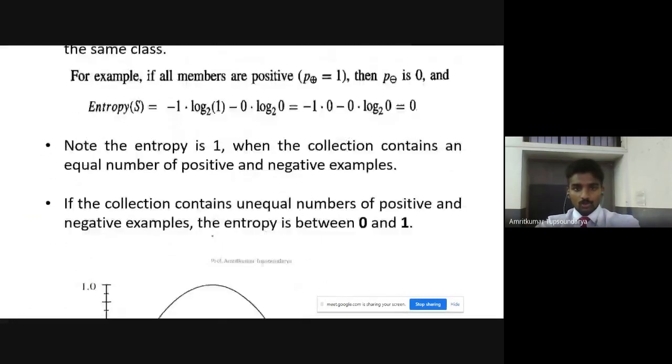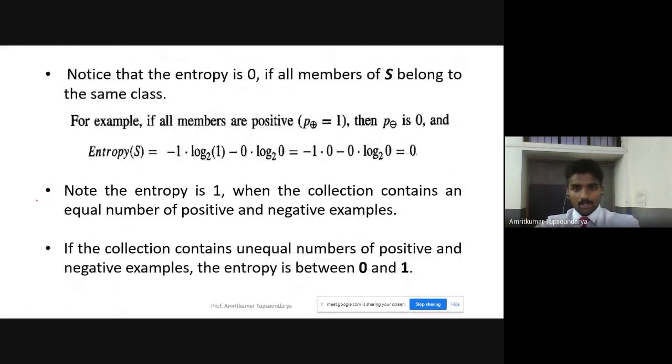And we saw a few important notes that entropy will lie between 0 and 1. For example, if all the examples are positive, the entropy will be 0. If all the examples are negative, then the entropy will again be 0.